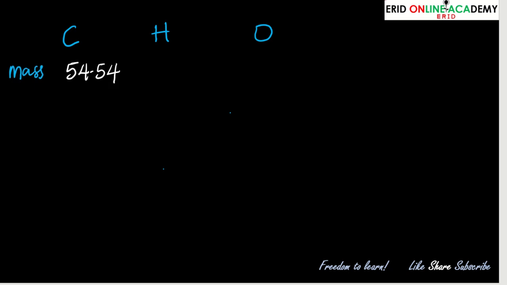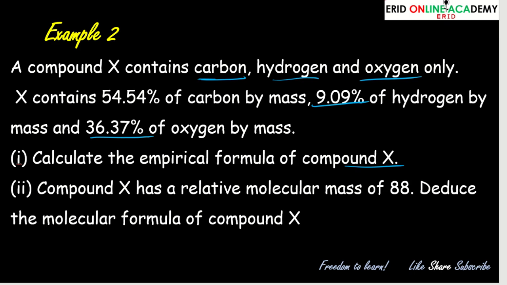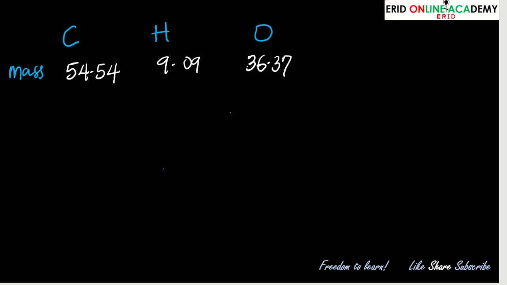For hydrogen, it says we have 9.09, and for oxygen we have 36.37. So now the next thing to do is you divide the mass by the respective relative atomic mass of the individual atoms given.